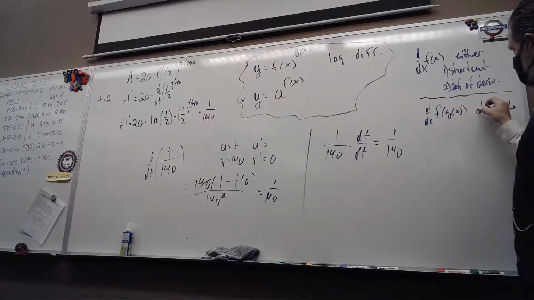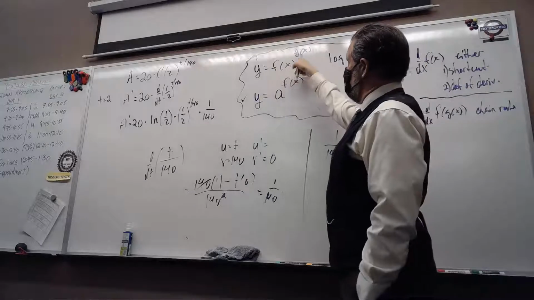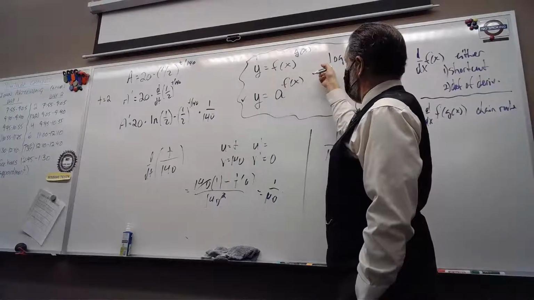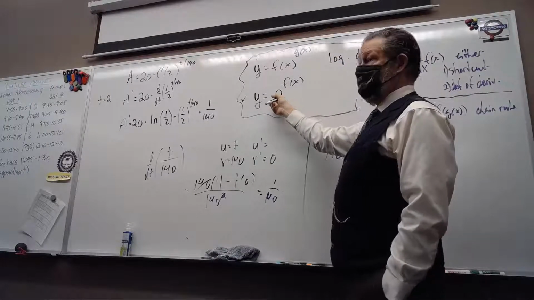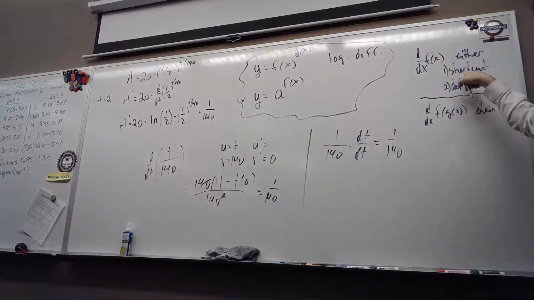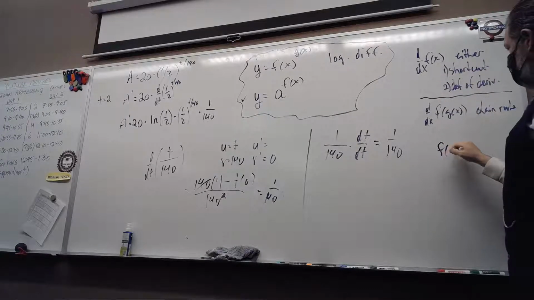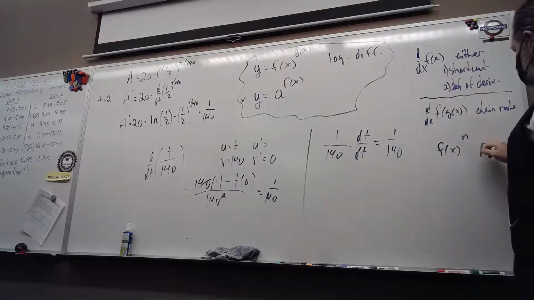That's a C. If it's a function to the power of a function, you use logarithmic differentiation. If it's something raised to a power, then you use the power rule.